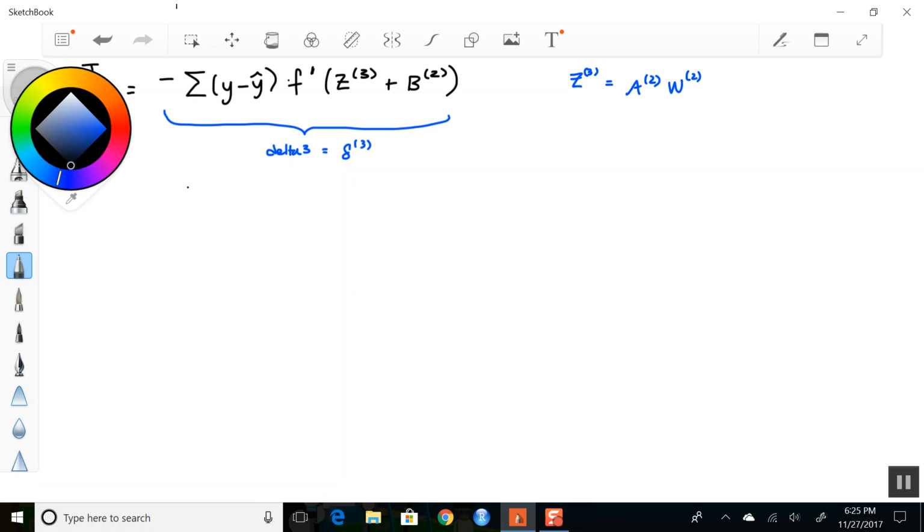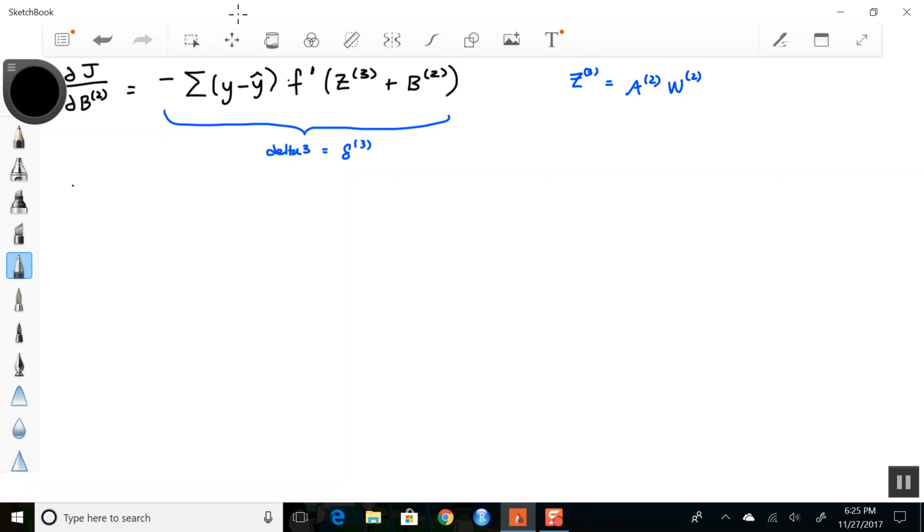So if we want to know how this changes with respect to the second weight matrix, then we have to continue applying the chain rule here. I'm sorry, there shouldn't be a summation sign here. Sorry, get rid of the summation here. No summation, I apologize.